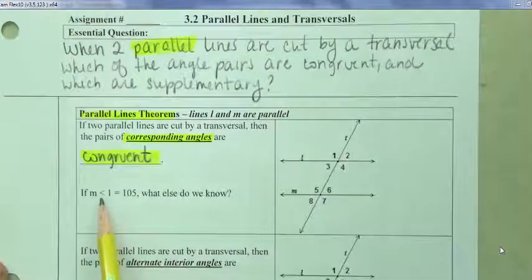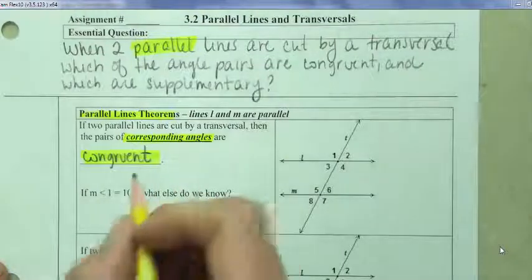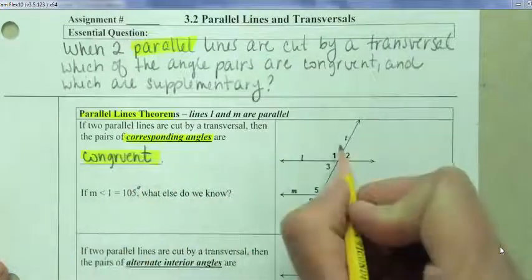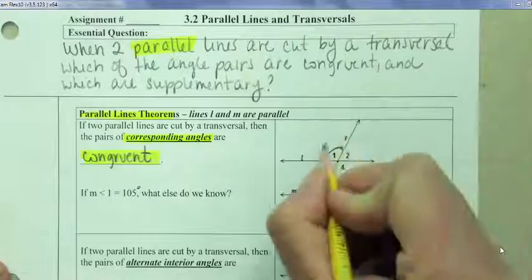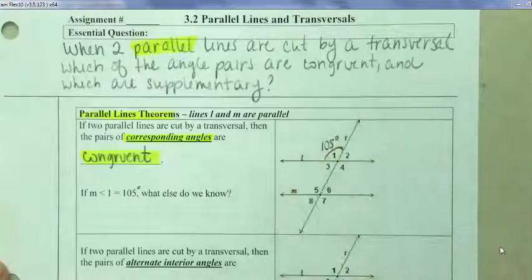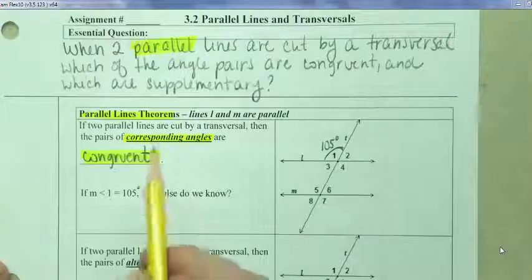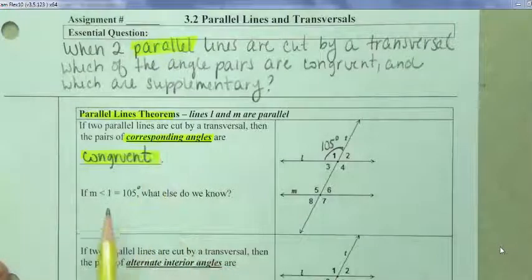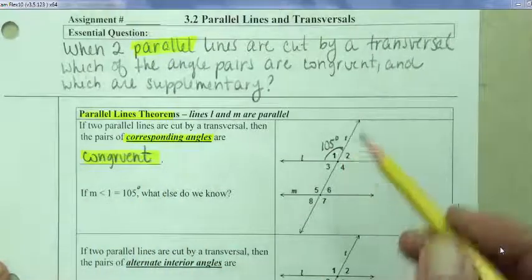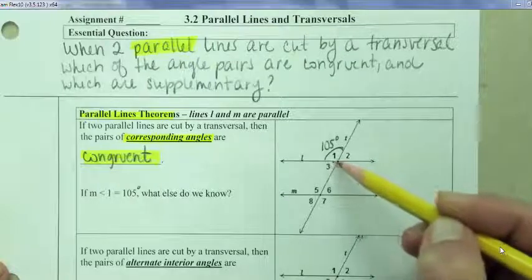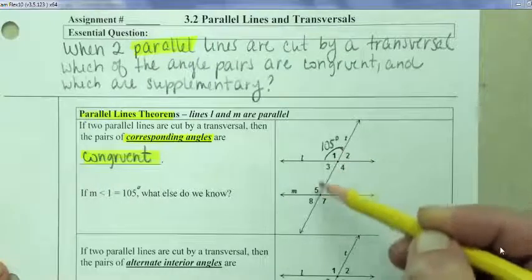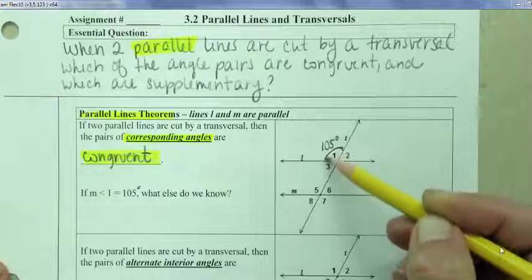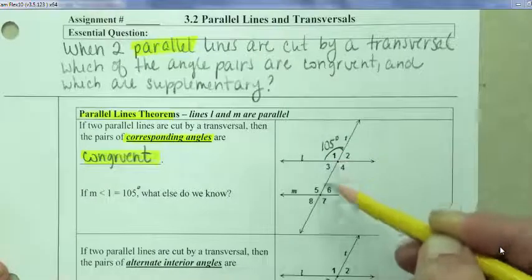So if we know that the measure of angle 1 is 105 degrees, this angle right here is 105 degrees, then what else do we know? Well, what's a corresponding angle with angle 1? Corresponding means that they're on the same side of the transversal, so it'd have to be on the left side of the transversal, and this is above its line that's being cut by the transversal.